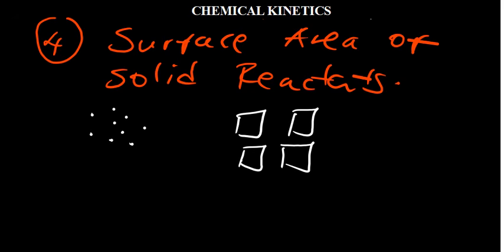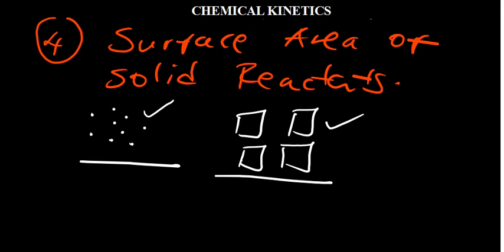Okay, let's say you have bigger solid particles and the ones that are smaller. So which one is easier to dissolve? So it's easier to dissolve something that is crushed or small crystals than things like that.